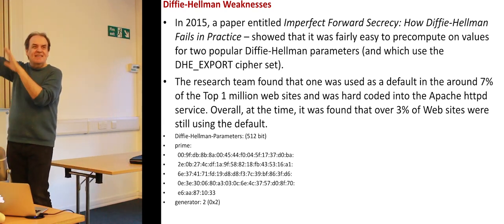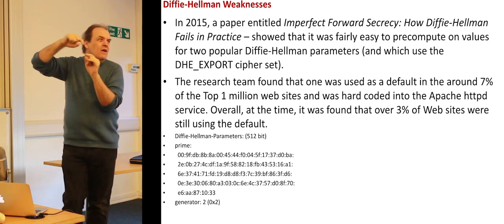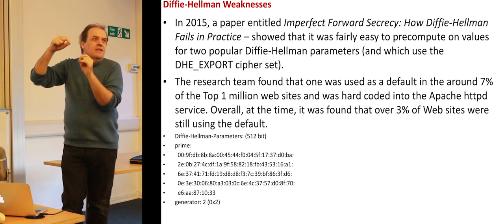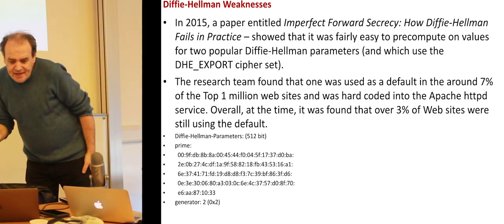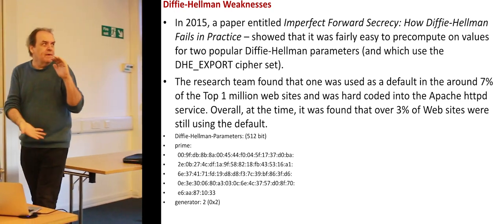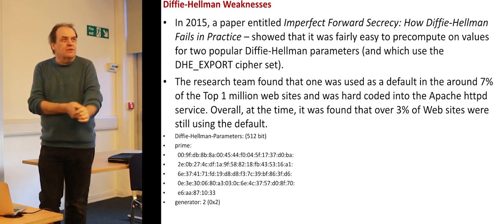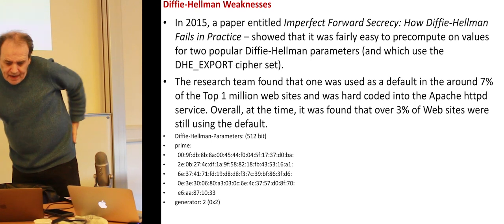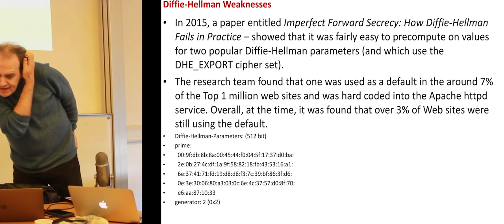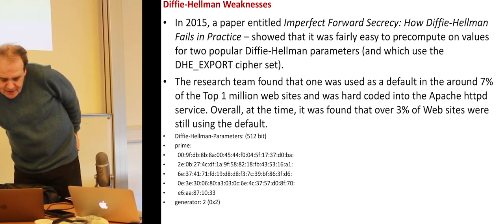And then when they see the negotiation, they can pick off the values that are used. So it was a major problem at the time, and it was 7% of the top 1 million websites were using these default parameters. And where they were, it was hard-coded.